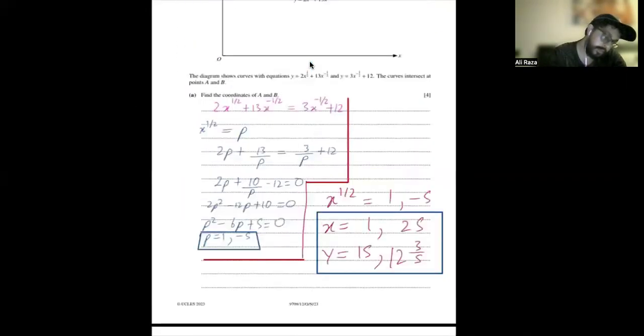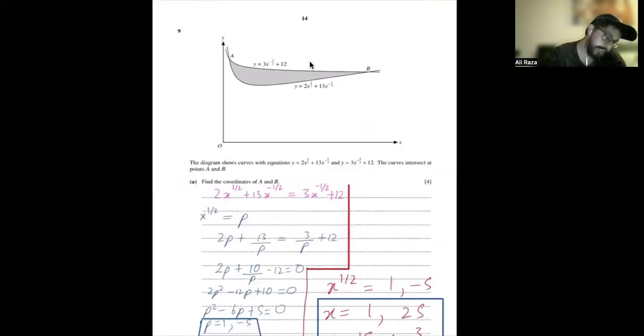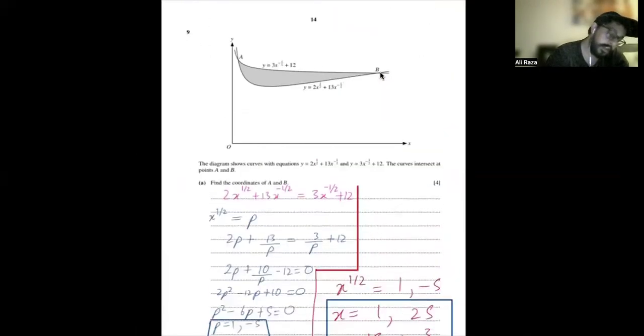Now in part B, we need to find the area of the shaded region. So we'll subtract the area under the lower curve from the area under the higher curve. So we have 3x power minus 1 over 2 plus 12 as the higher curve.